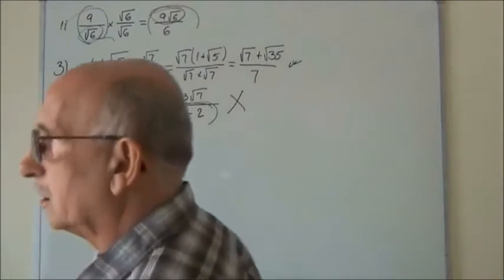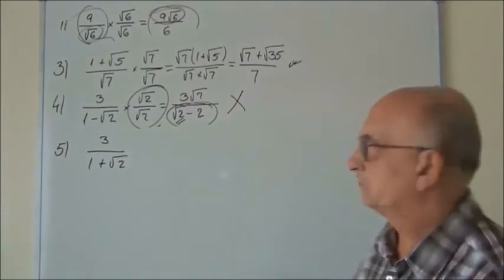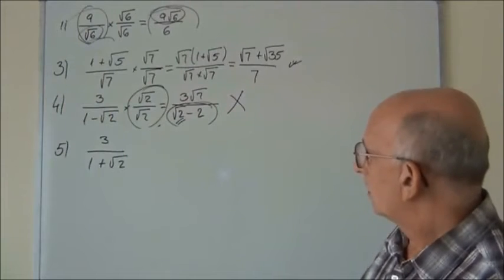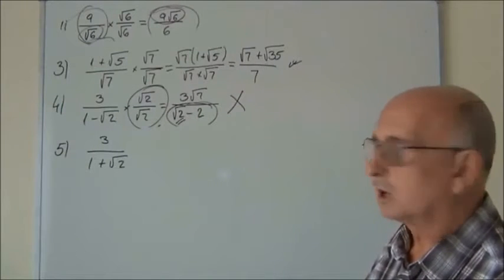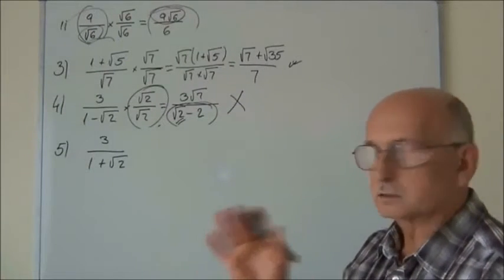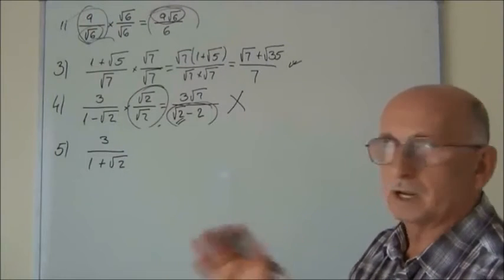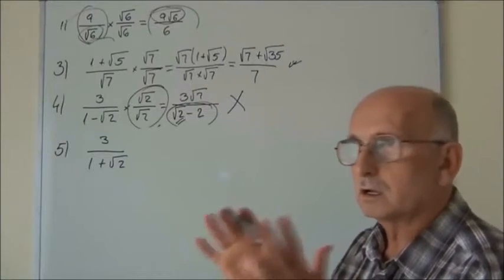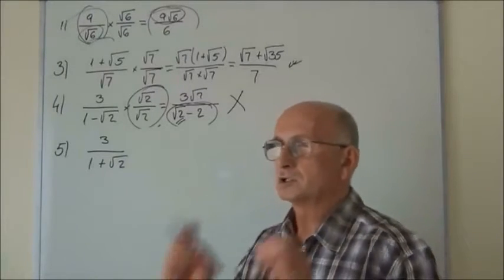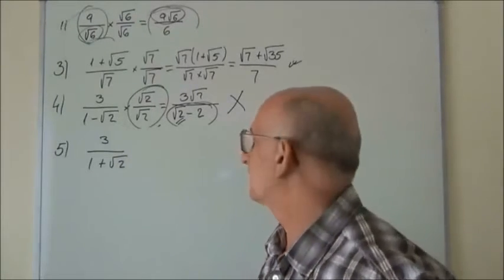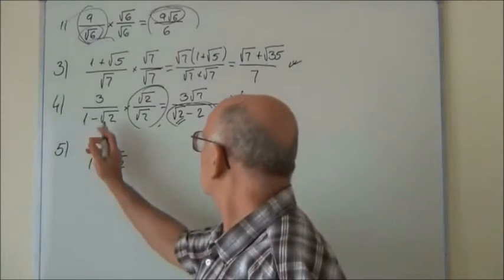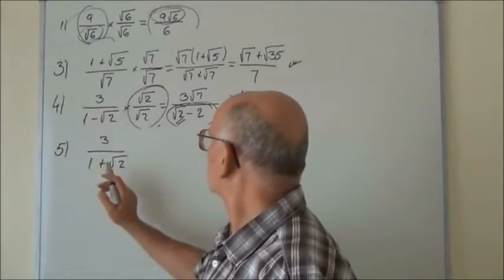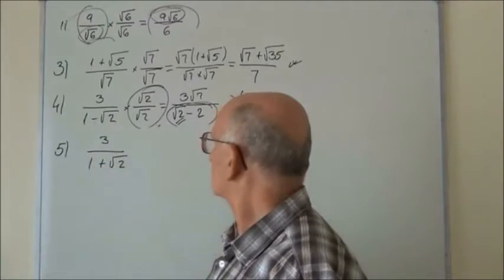We have almost the same question, because most of my questions are somehow similar, but with just one difference, so that you can understand the concept just by looking at that difference. The difference between question 4 and question 5 is just in this sign.